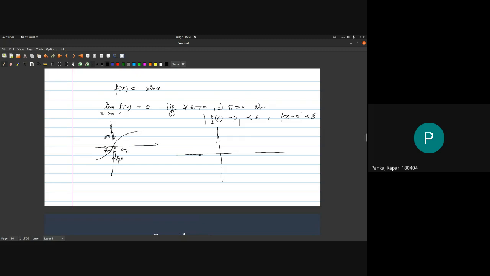If we are saying that this function has limit 0 at the origin, that means if you give me any epsilon, let's say you give me this interval, I take this interval and find some interval here, so that whenever you choose a value of x from this interval, sin x will always lie in this interval. You gave me this value epsilon, I gave you this value delta.